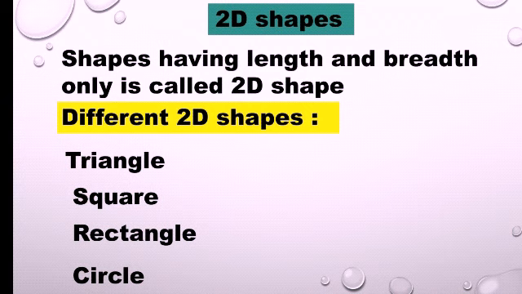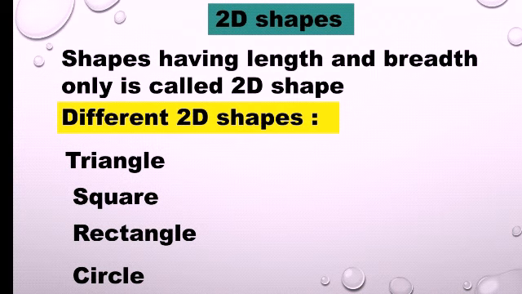But when we click pictures of those 3D shapes, like a board, which has a thickness so it's a 3D shape, we can take a photo or draw it in our copy. So that's why the flat shapes are indicating 2D shapes.